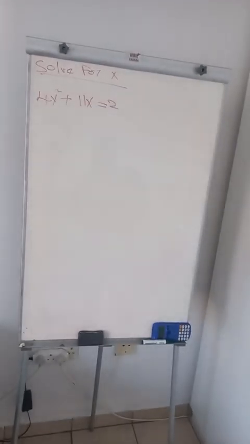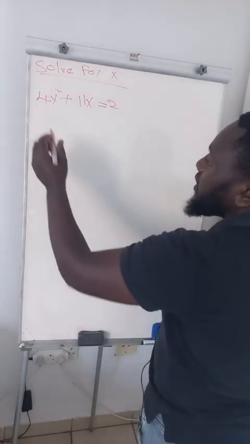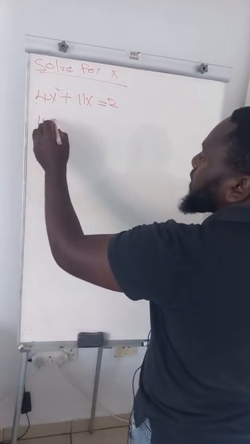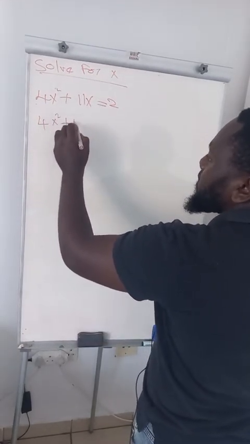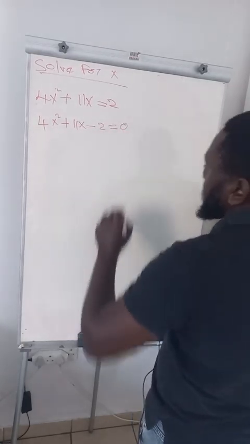So once you get a question like this, what you need to do first is bring the 2 to the left hand side. So bringing the 2 to the left hand side, you will have 4x squared plus 11x minus 2 is equal to 0.